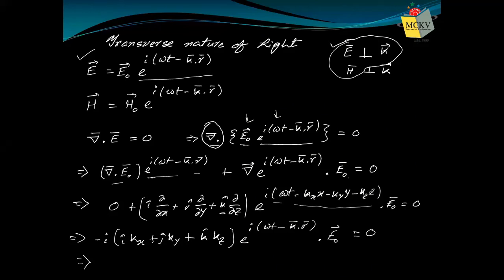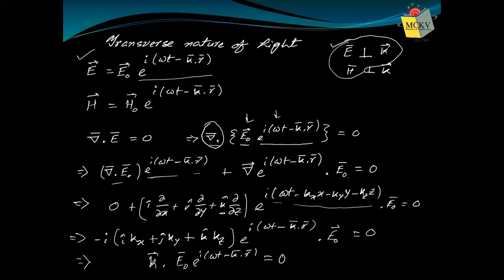Now what is this quantity within the bracket? i kx plus j ky plus k kz. This is nothing but the k vector. So k vector dot E naught e to the power i(omega t minus k dot r) equals 0.